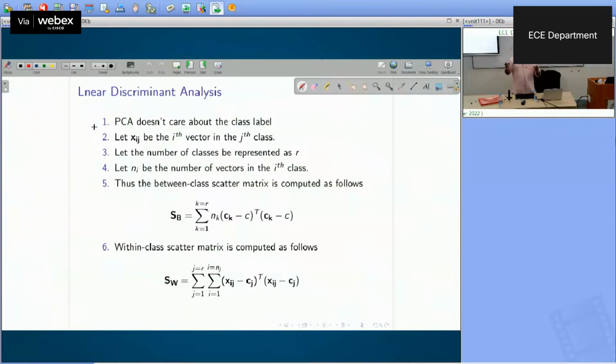So what do we really do? Using the same example again, I want these blue balls to come closer to each other, and the red balls to come closer to each other. This is one goal. Another goal is that I want the blue balls to be separated from the red balls, well apart.